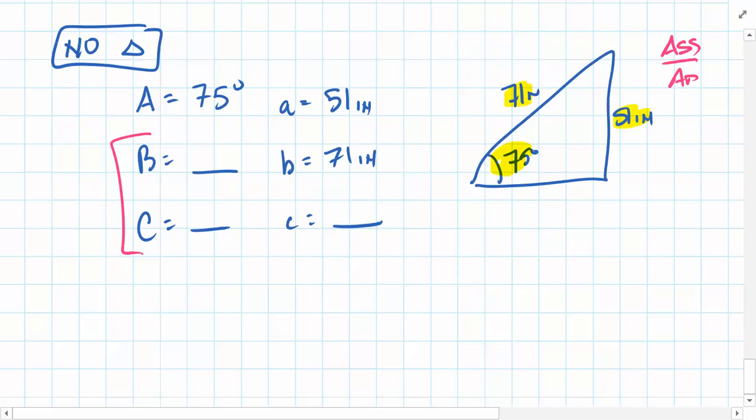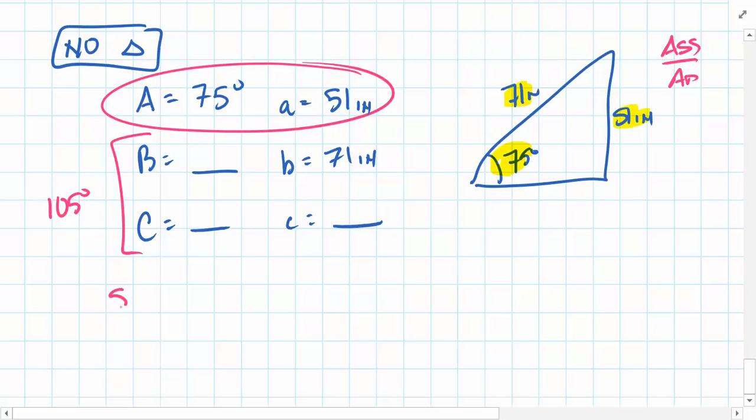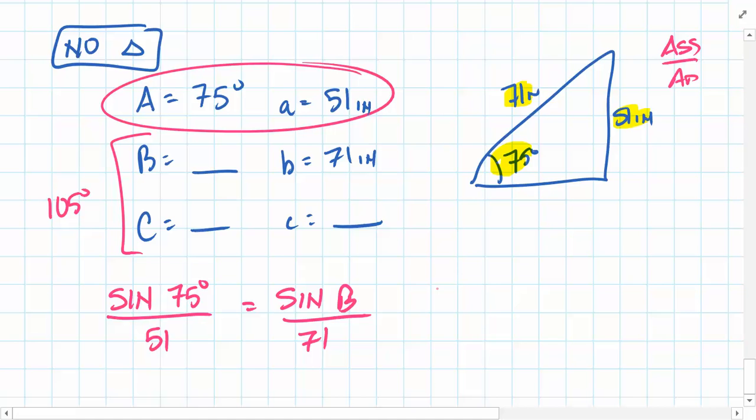Let's figure out the leftover piece. How much do I have left over? 105. I have 105 left over. So the only ratio I know is here, so let's start with that one. Sine 75 degrees all over 51 has to be sine of B all over 71.